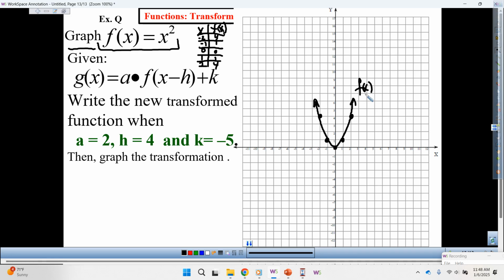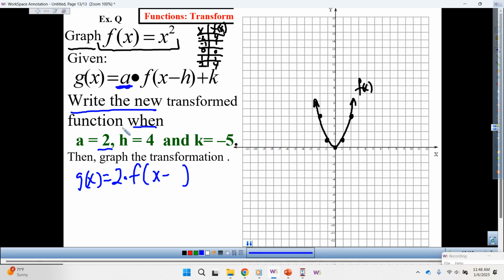Next, they want us to write, look up, they want us to write a new transformation using this, given this. So we write g of x equals, instead of a, what am I going to use, everyone? 2. So I write 2 times f of x minus h.